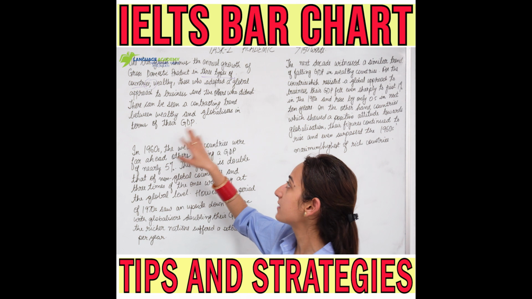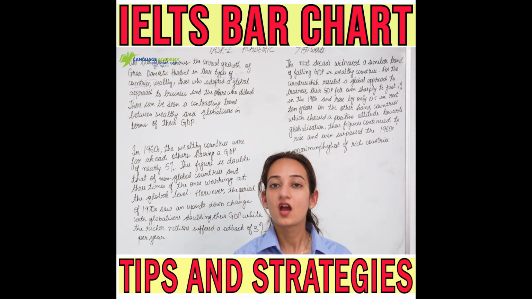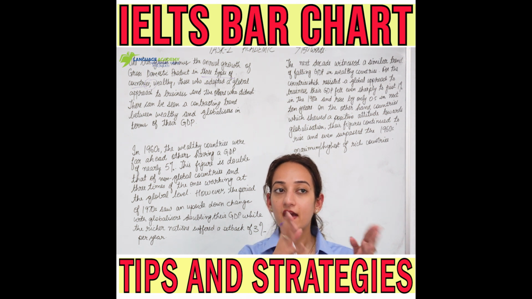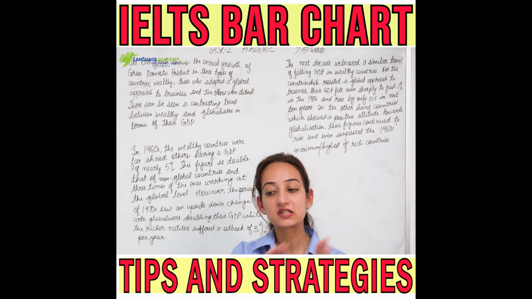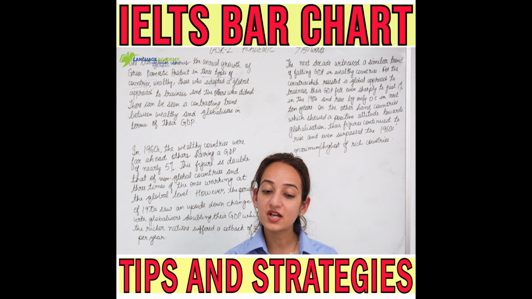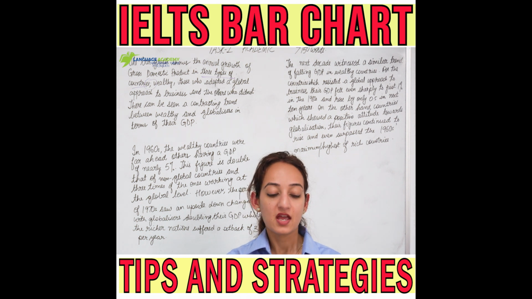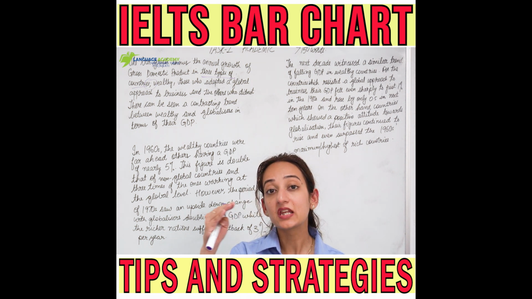So I have written, there can be seen a contrasting trend. What we mean by contrasting trend is an opposite trend, where one group of countries is facing a decline in GDP, and at the same particular time period, another group of countries faces a continuous increase.